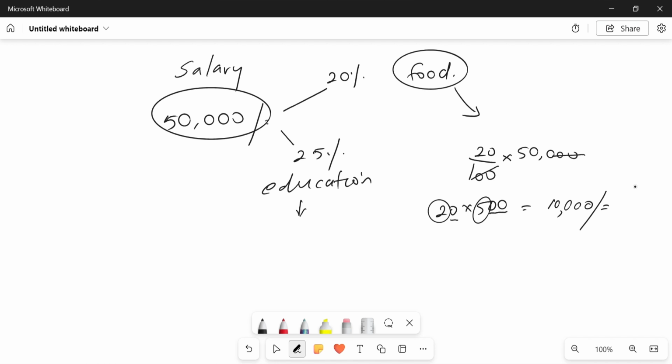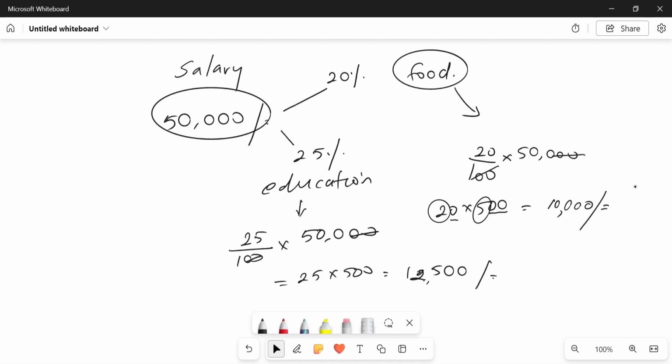So the amount spent on education is 25 out of 100 into 50,000. So again cut 2 zeros. 25 into 500. Put the 2 zeros. 5 times 5, 25. 5 times 2, 10 and 2, 12. 12,500 rupees is spent on education.